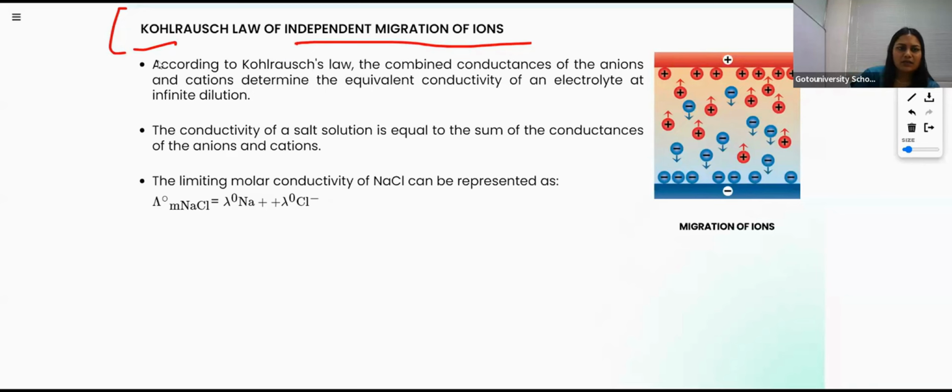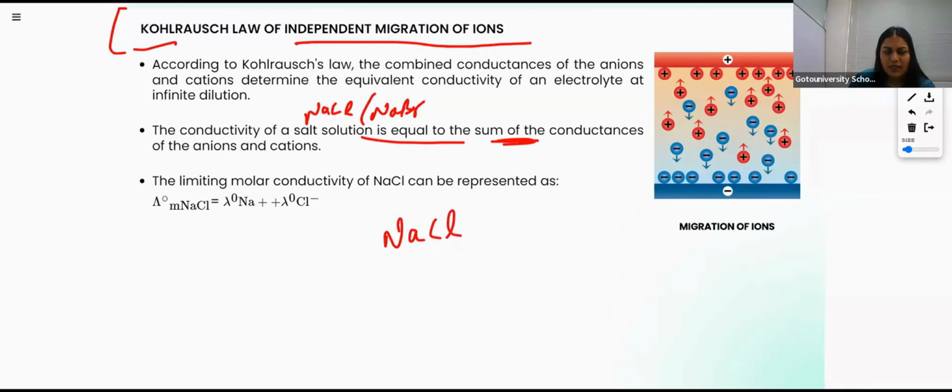Now, let us read here. According to Kohlrausch's law, the combined conductances of anions and cations are determined by the equivalent conductivity of an electrolyte at infinite dilution. Now, what does that mean? This means that the conductivity of a salt solution, say NaCl, or we can take an example here of NaBr, is equal to the sum of the conductances. Now, if we see here NaCl, what are the cation and anion here?